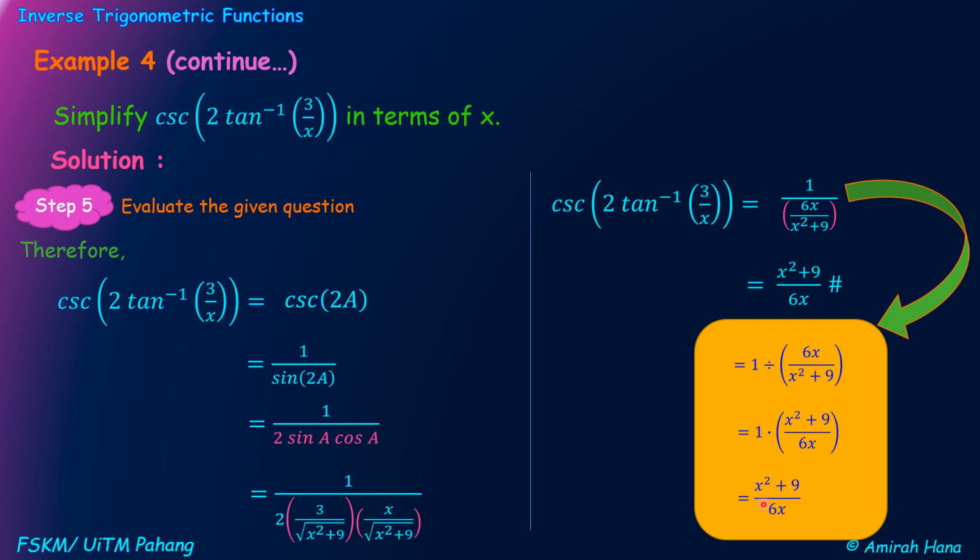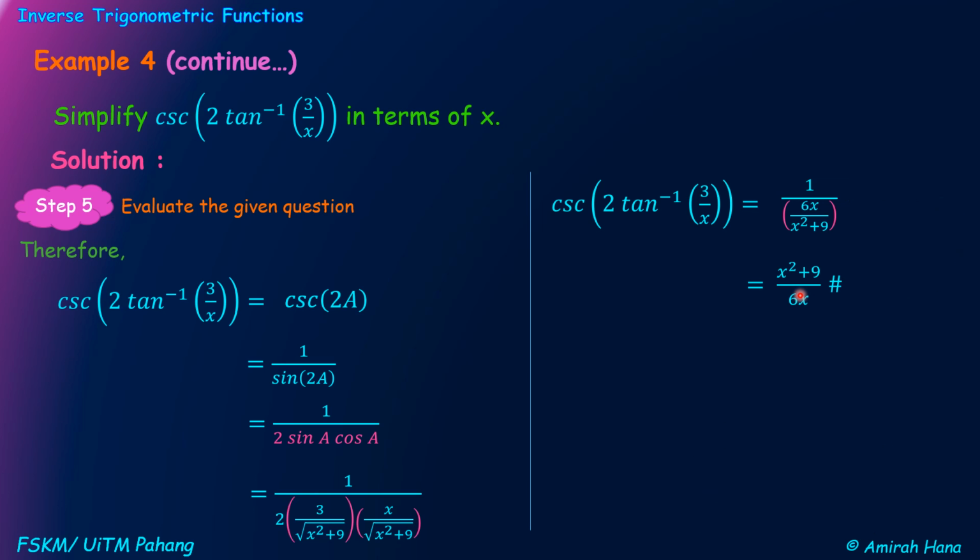The final answer equals x squared plus 9 over 6x. We simplify cosec 2 inverse tangent 3 over x in terms of x, because the original question is given in terms of x.